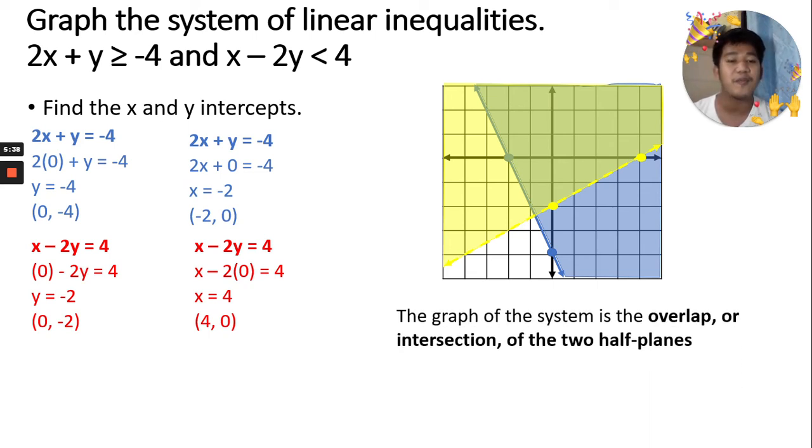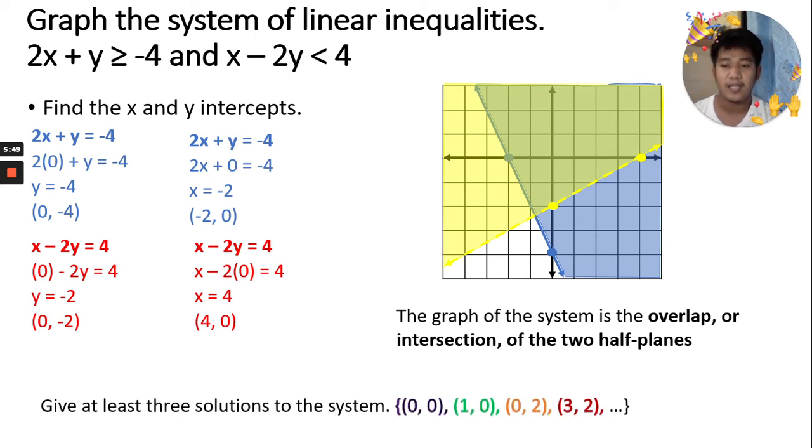Okay, the graph of the system is the overlap or intersection of the two half planes. So with that, we can give solutions. Okay, let's say this. Give at least three solutions to the system. So it can be 0, 0, 1, 0, 0, 2, and 3, 2. Where are they located?